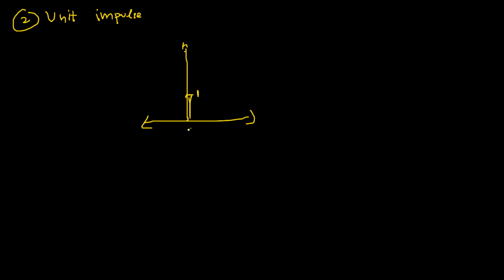The next type of function is the unit impulse function. This is just defined at t is equal to 0. At this point you have value 1, and it's simply 0 at all other points. So this is defined as delta of t is equal to 1 at t is equal to 0, and at every other point it's 0.